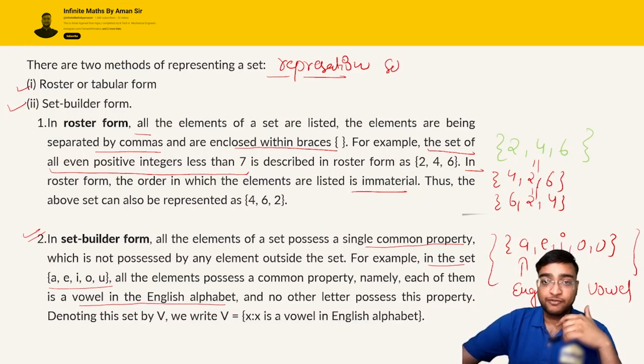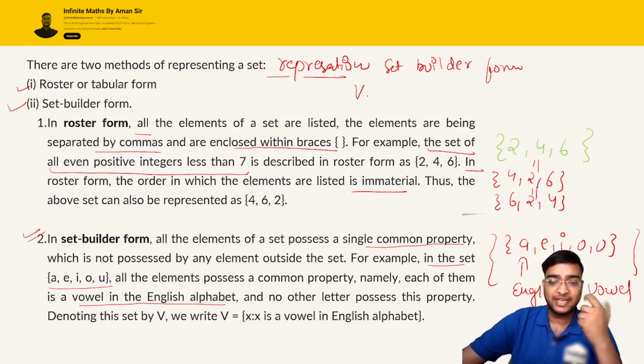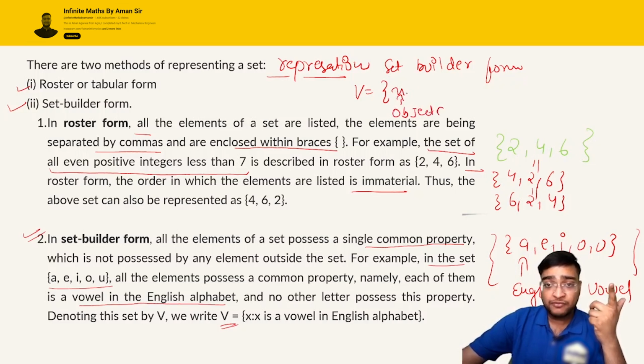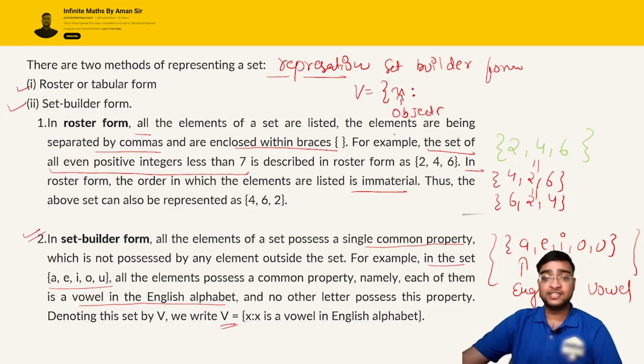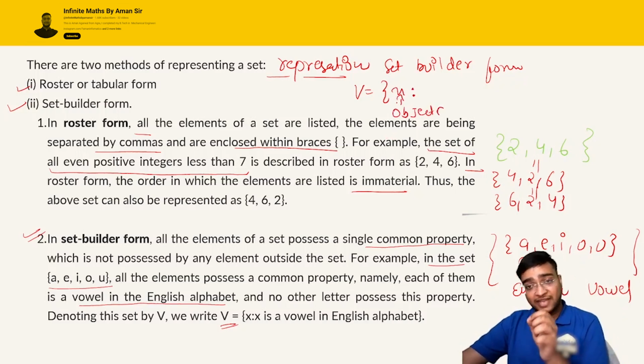In set builder form, I can just write V, where V represents a set. So V equals {x : x is a vowel in the English alphabet}. X represents the objects, and we give the colon.